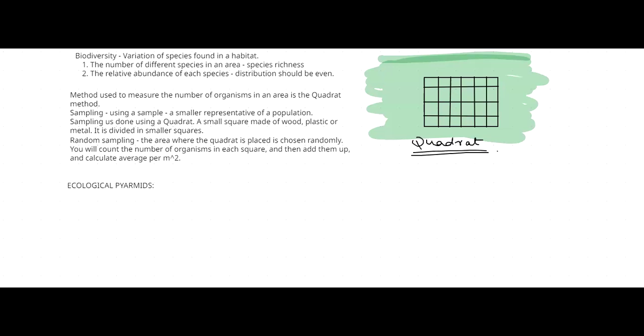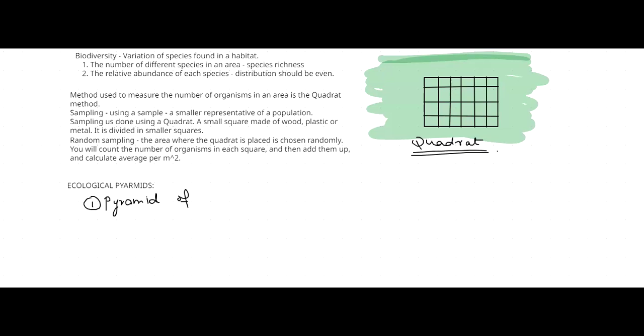Now, in an ecological pyramid, we can have various options. Scientists can try to study a pyramid by looking at different things. Scientists can make a pyramid by taking a look at the numbers of the organisms. It is called a pyramid of numbers.